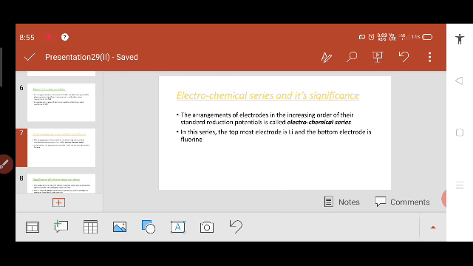Electrochemical series, a very important question: define the electrochemical series and write its significances. The arrangement of the electrodes in the increasing order of their standard reduction potentials is called the electrochemical series.